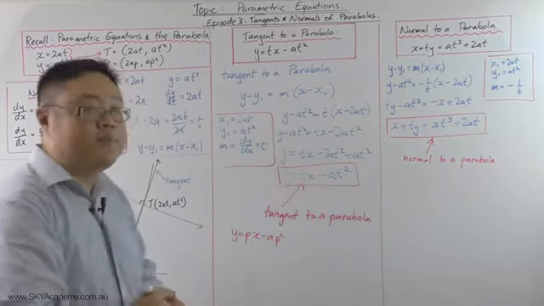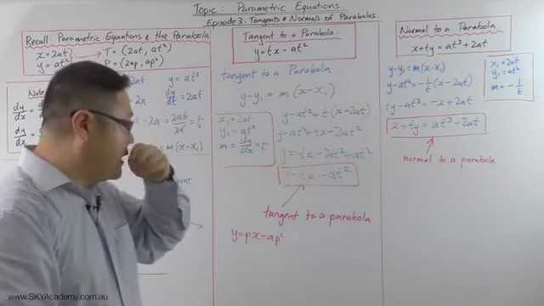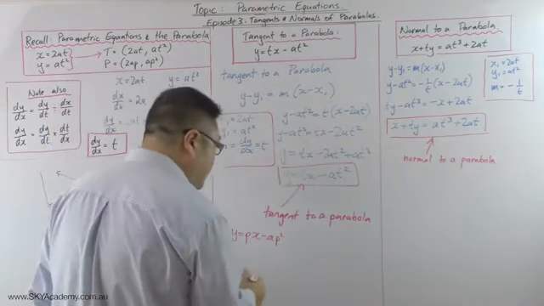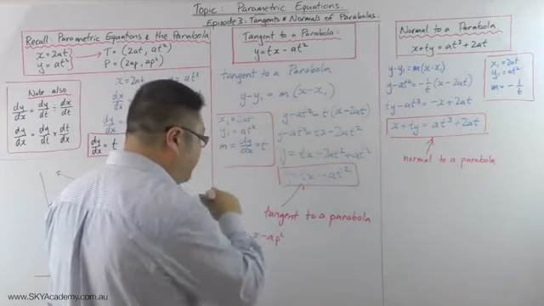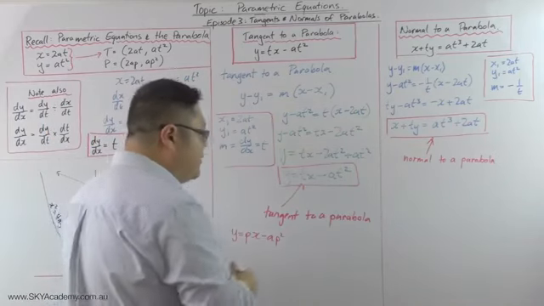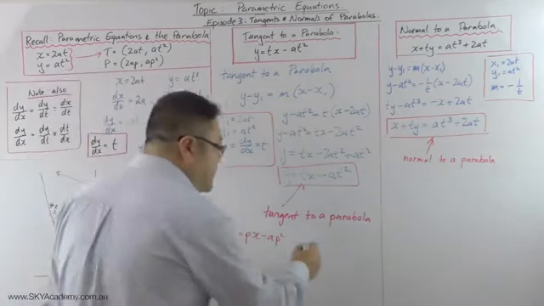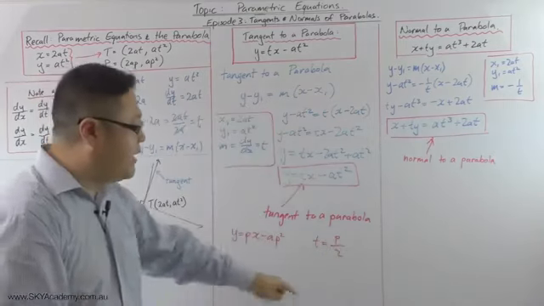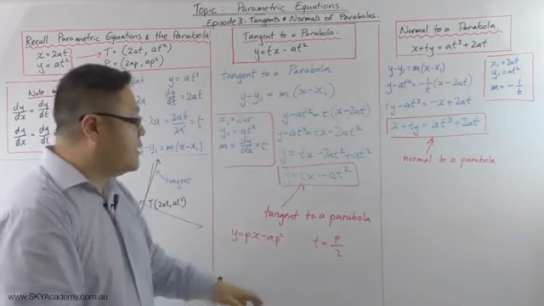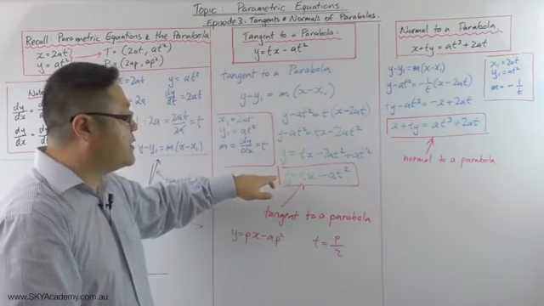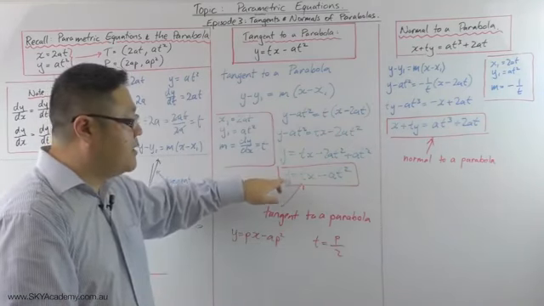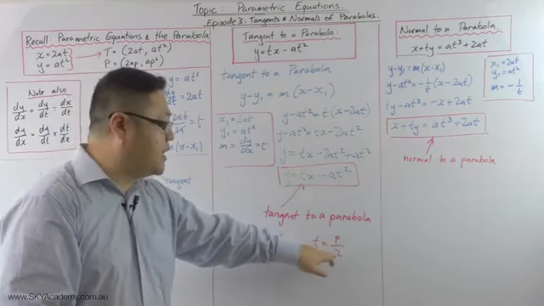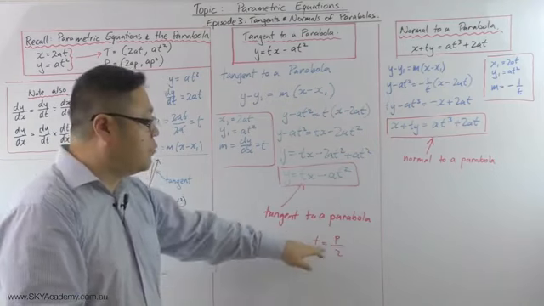And sometimes you might even get situations where your parameter is not t, your parameter might be some algebraic expression, so where t is actually equal to p on 2, for example. And then what you would have to do is not only work out the tangent at the point t, but if you were to work out the tangent at the point p, where the relationship between t and p is p on 2, then what would you have to do?